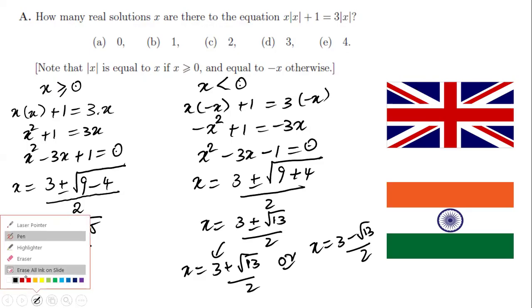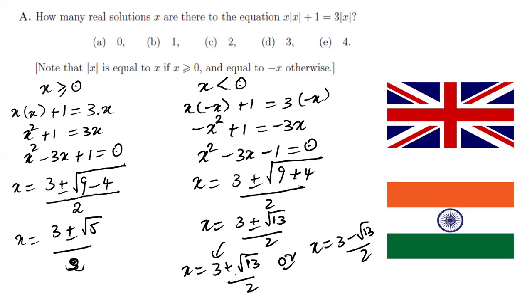If you see here, 3 plus root 13 by 2 is greater than 0, but we are analyzing in the range of x smaller than 0. So this is not one of our solutions. But 3 minus root 13 is greater than minus 3, so in the minus range, this value is going to be less than 0. So this is going to be one of our solutions.